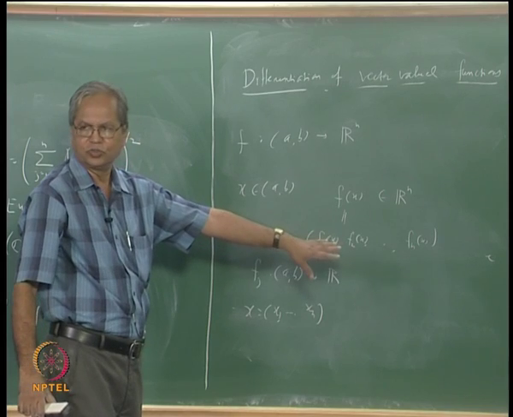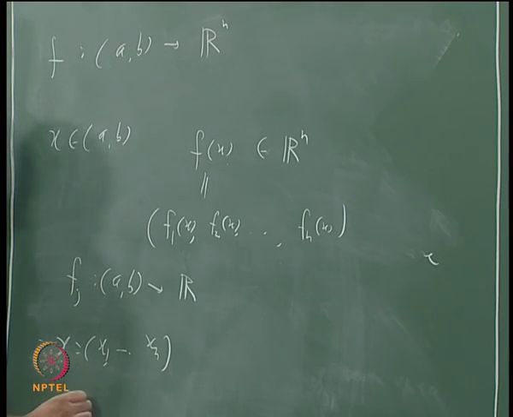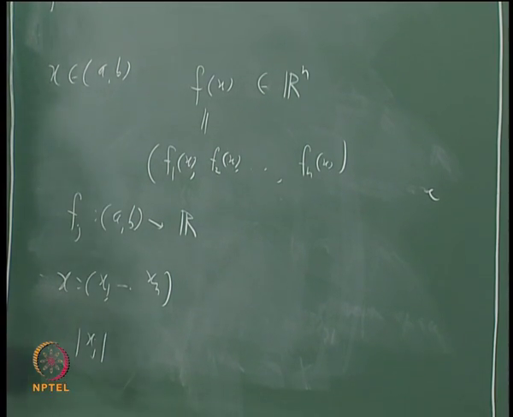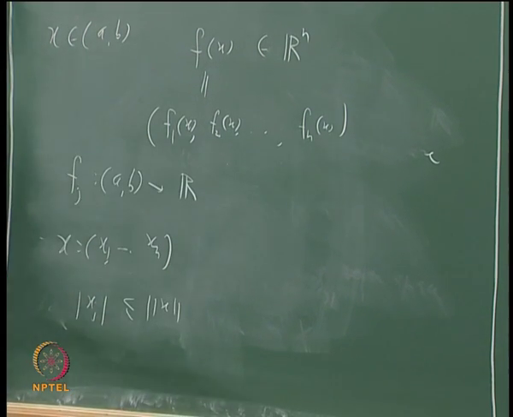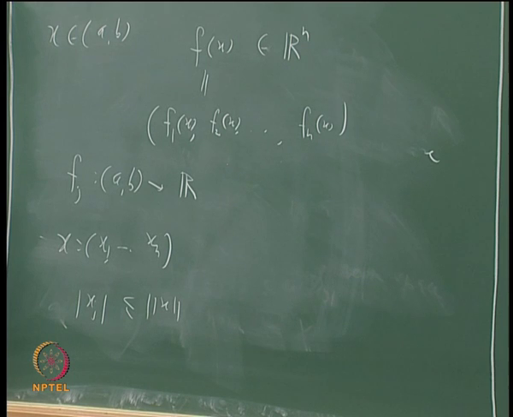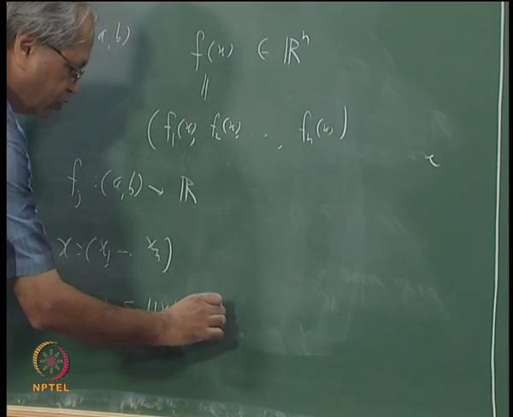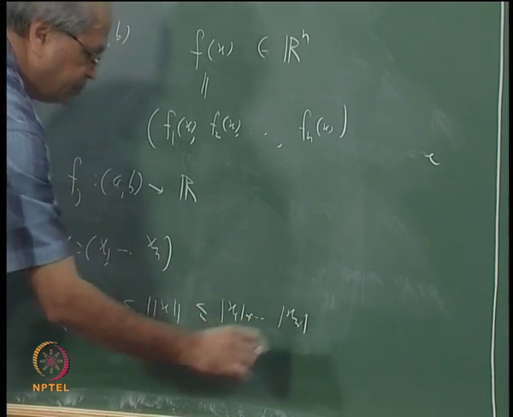Then each of those norms has the following property: if you look at mod xj, then that is less than or equal to norm x, whatever norm you take, and that is less than or equal to mod x1 plus mod x2 plus ... plus mod xn.